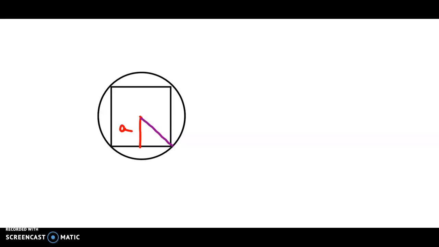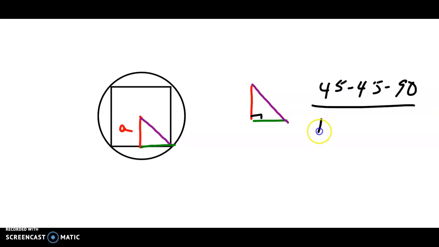And again, this side of the triangle is going to be exactly the same length because we have a special right triangle here as well. This is a 45, 45, 90. Remember, we had a rule there. The hypotenuse is equal to the length of the leg times the square root of 2.